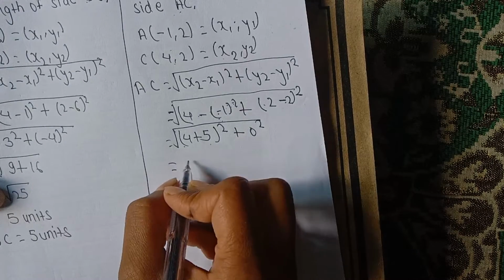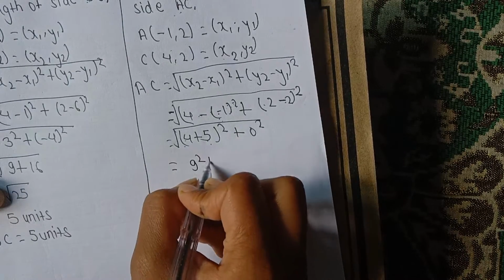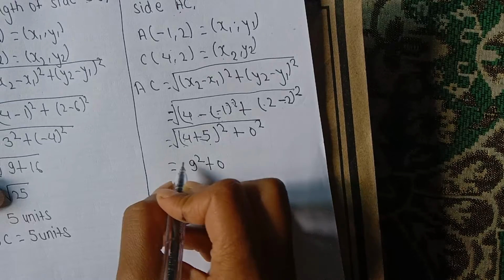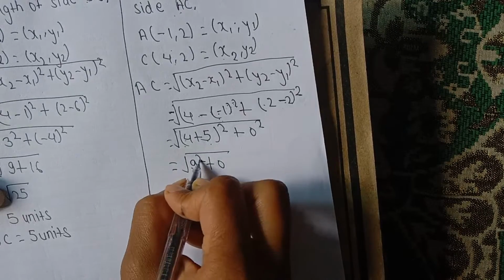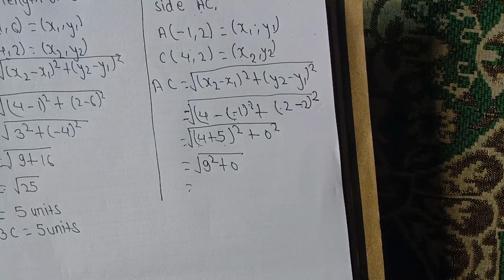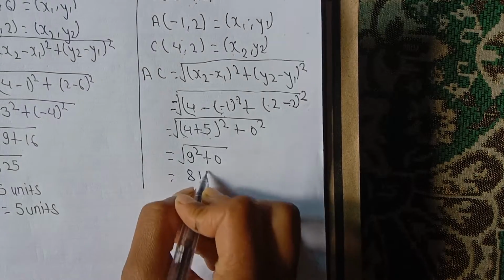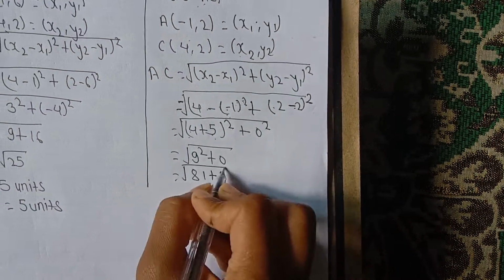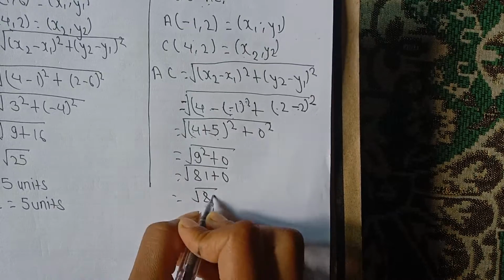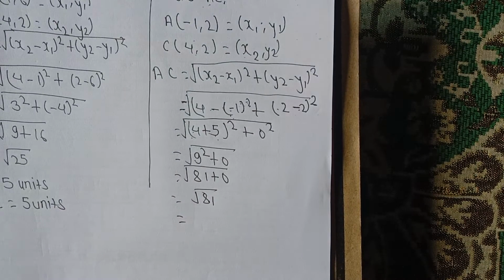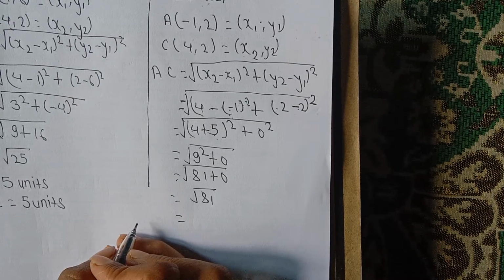So 4 plus 5 is 9 square, and 0 square is 0. After that, 9 and 9 became 81. So 81 plus 0, so 81, and 81 is the square root of which number? Yes, it is the square root of 9.